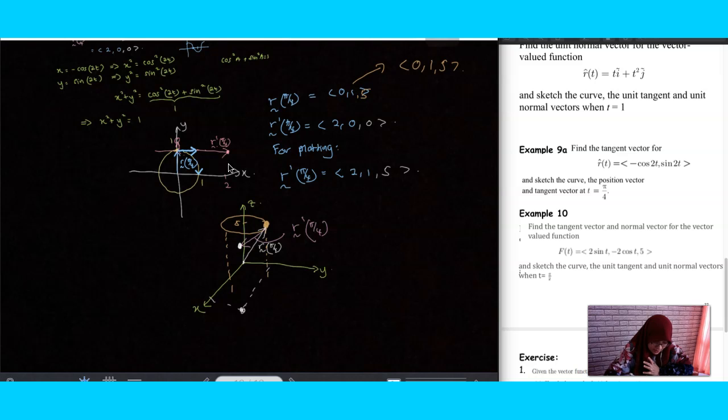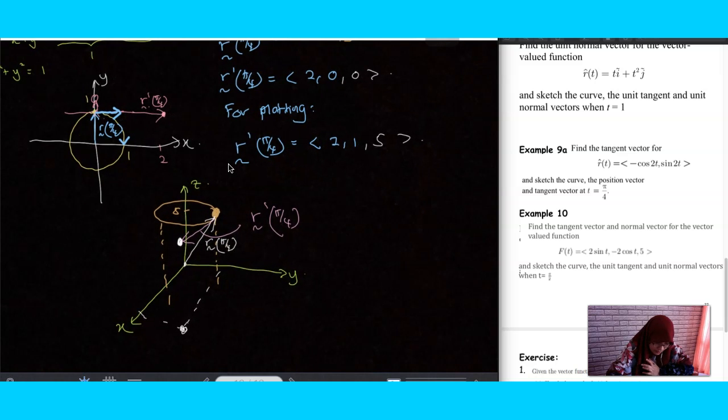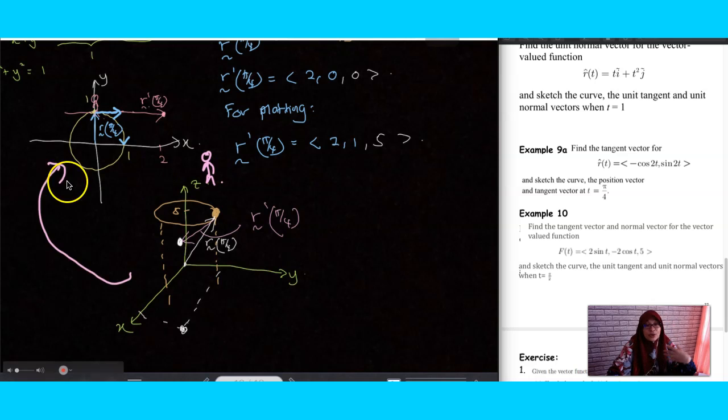Imagine now that you are standing over here, looking down, so you can see just the xy plane, where your vision is actually here when you are looking downward from z. So you can see the same thing here. But now we are talking about the new example where z is equal to 5.